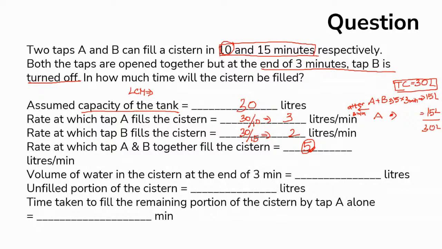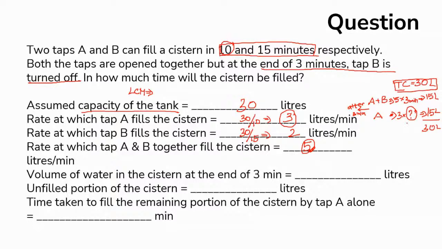And they have asked in how much time will the cistern be filled. To answer that, if pipe A alone is kept open, it will fill 3 liters per minute. And in how much time have they asked?